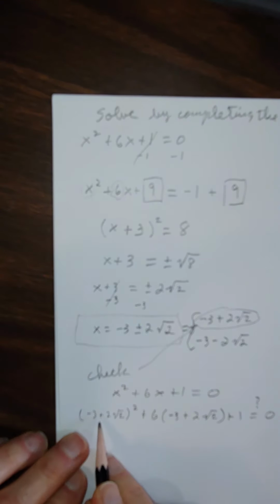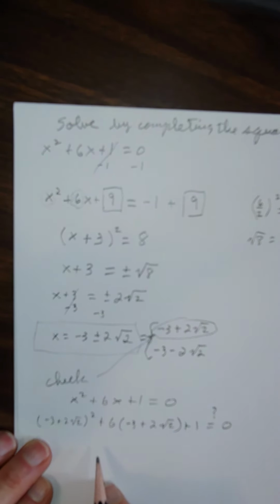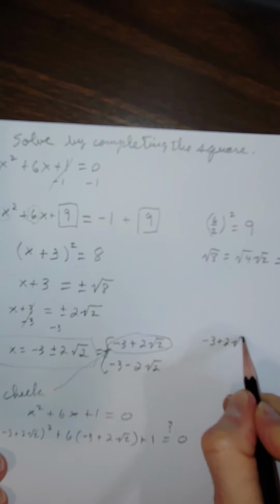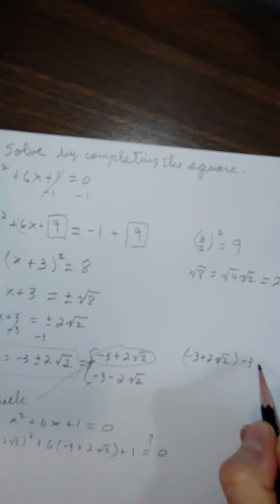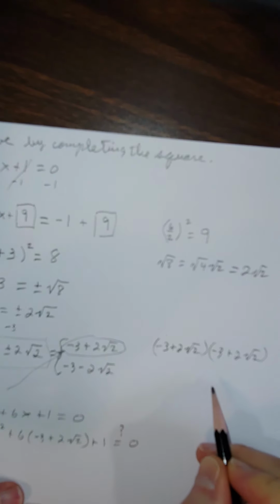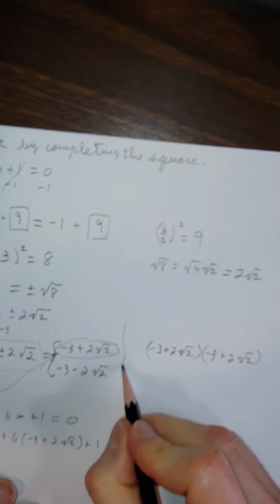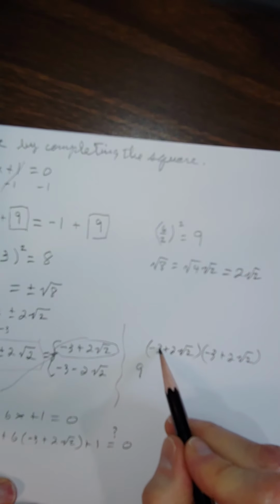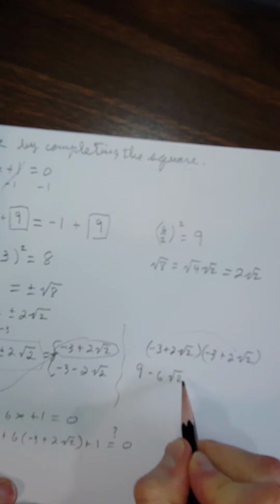Now we got to square that. Let's do it over here. You got to FOIL it. So we have -3 plus 2 times the square root of 2 squared, which means this. I'm going to maybe skip a few steps, we'll see, but first times first, -3 times -3, that's 9. Then outsides are these two, that's -6 times the square root of 2.